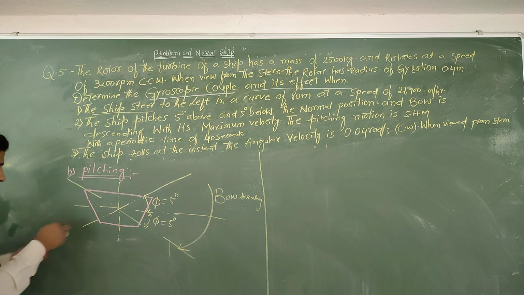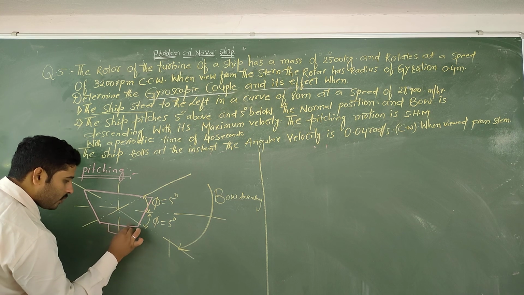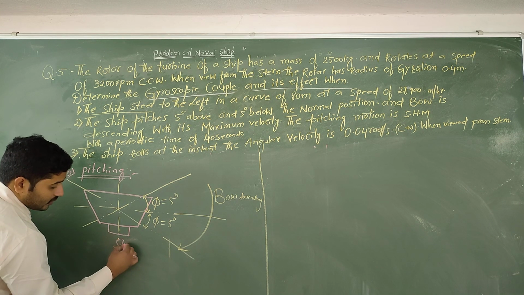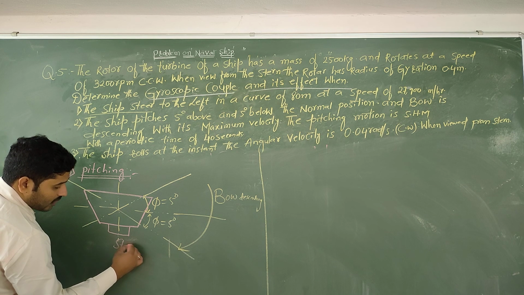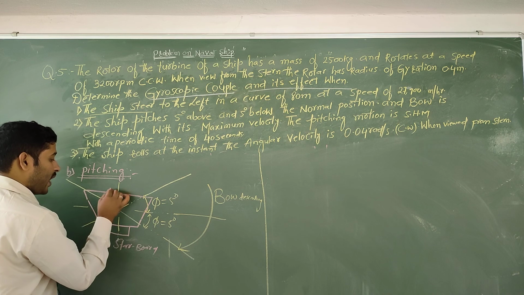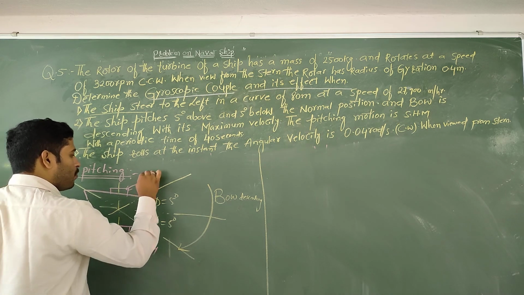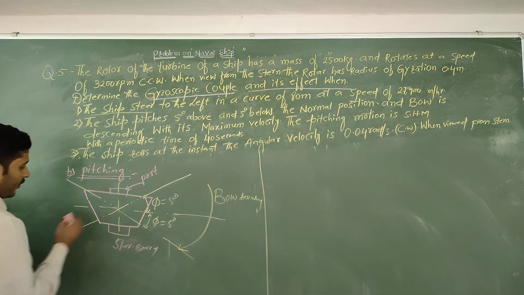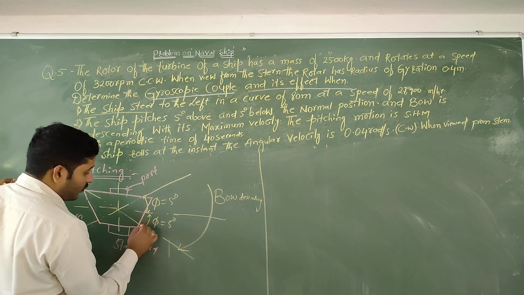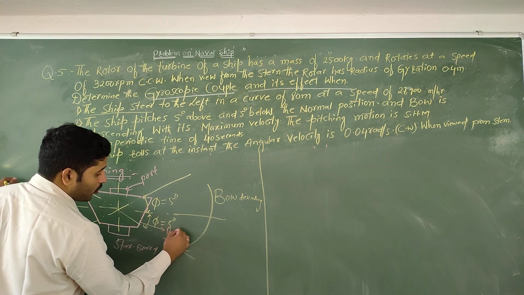You know very well, the right hand side we can say as starboard, and the left hand side we can say as port. The rear end we can say as stern, and the front end we can say as bow.